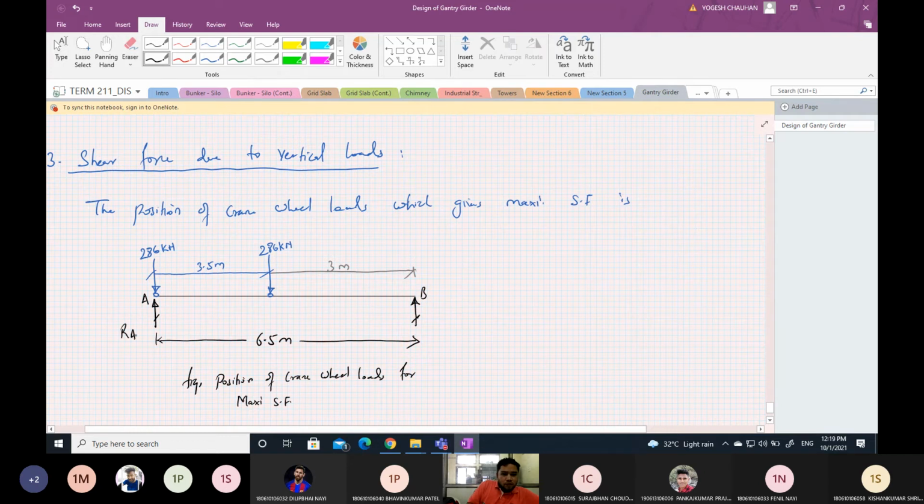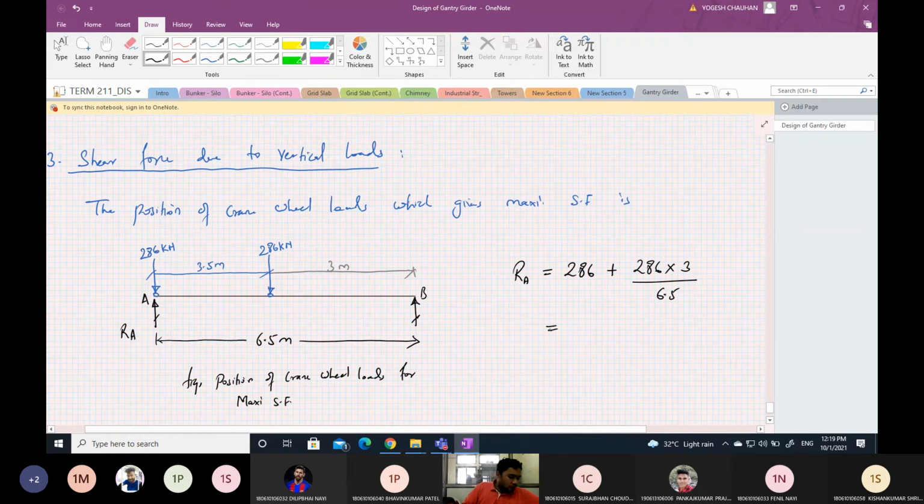Let this be RA, where the maximum shear force occurs. So this RA will be equal to this 286 kilonewton load, which is directly resisted by the support A. So it will be 286 plus, because of this load, the reaction at A will be 286 multiplied by this distance, that is 3, divided by span, that is 6.5.